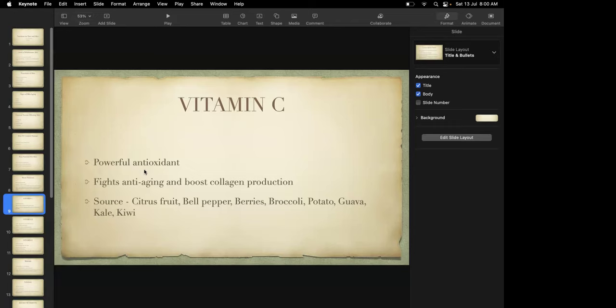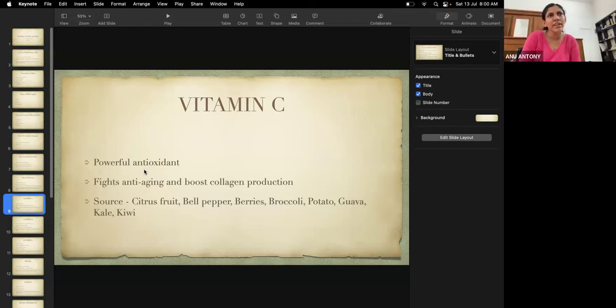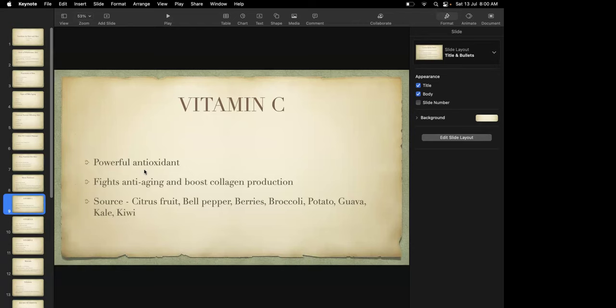Ma'am, would you suggest any diet for lymphatic drainage, lymphatic issues?